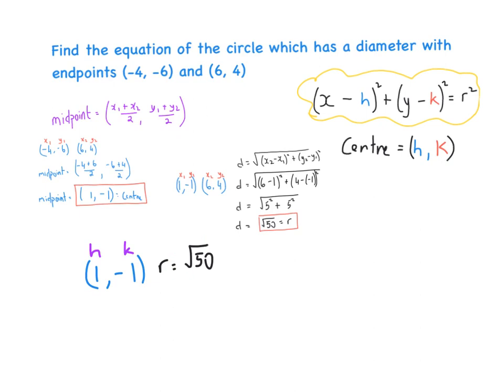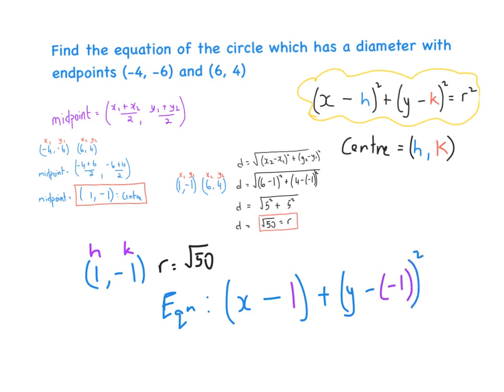Okay, so all we have to do now is sub in, so our equation is going to be x minus, well, h is 1, all to be squared, plus y minus, and here k is minus 1, all to be squared is equal to root 50, and again that is to be squared.